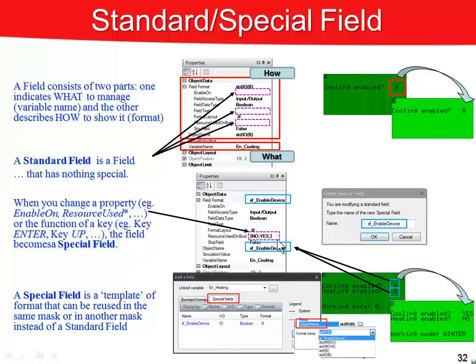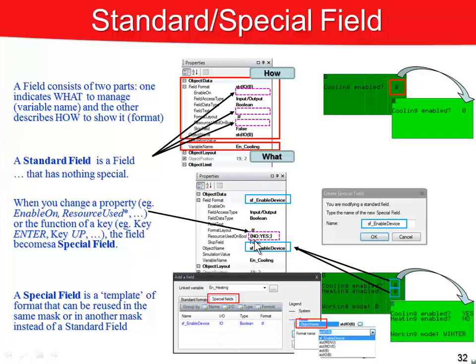So a special field is a field, in this case called SF enable device, with this set of properties: enable on not defined, access type input output, data type boolean, field text not defined, resource used no yes, and so on. And in this context it was used with the en cooling variable. So it is a template.